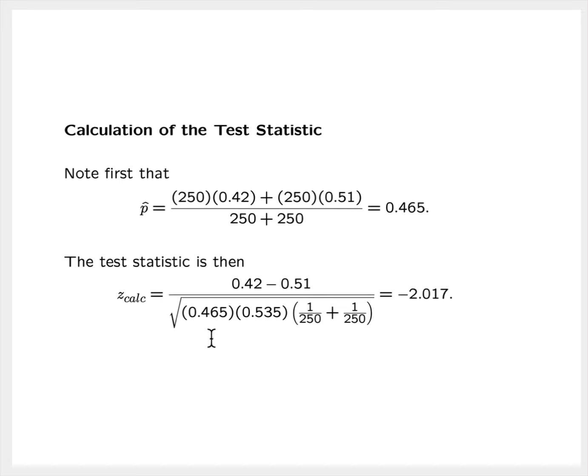We plug that into the denominator of the test statistic to get the estimated standard error. We also have to calculate the point estimate of the difference in the population proportions, which is the numerator of this test statistic. And so zcalc, the test statistic, is equal to negative 2.017.